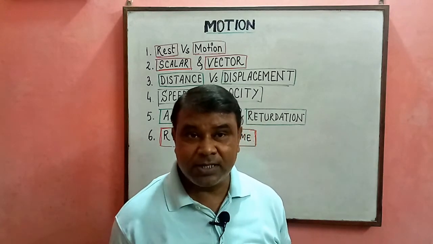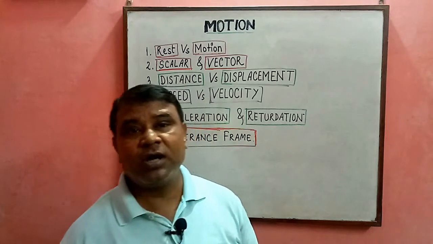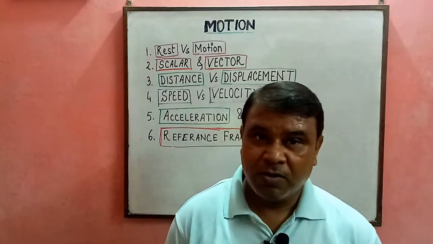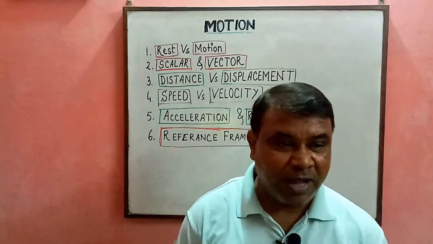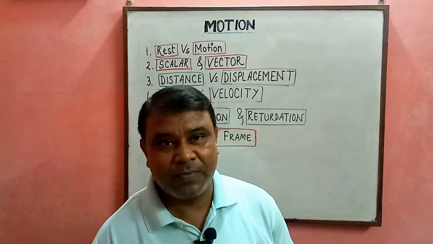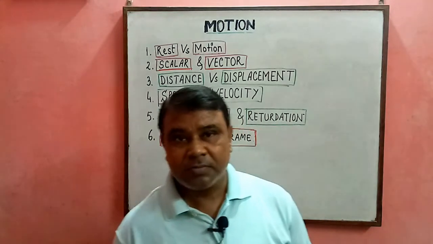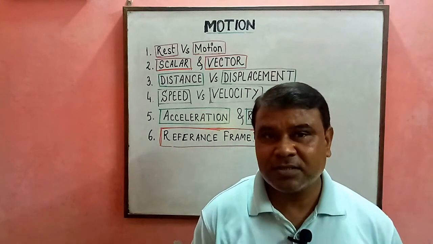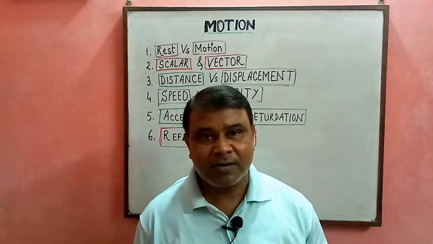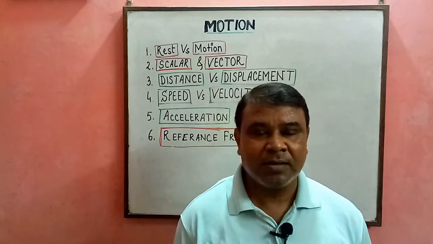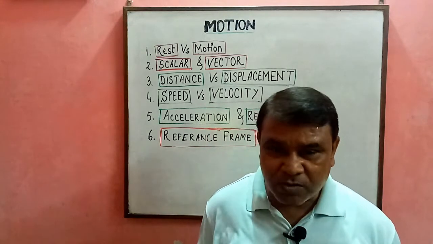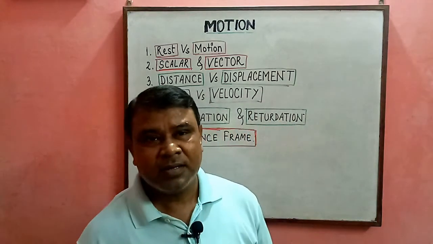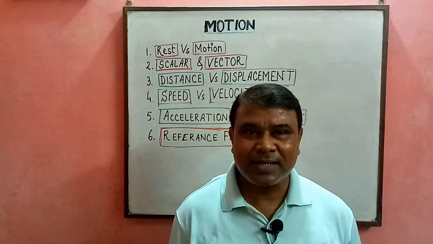There are many quantities for which you do not need any direction. When you go for weighing 5 kg potato, 5 kg sugar, when we go for measuring length, 5 meter, 10 meter, these quantities do not need any direction.